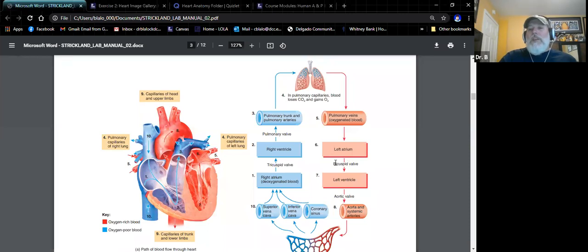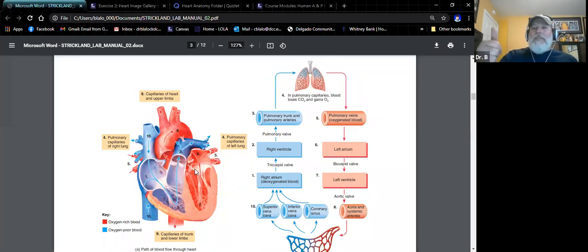Now, you'll also see the bicuspid valve referred to as the mitral valve. So you may have heard someone or know someone that has mitral valve prolapse. This is the valve that is problematic with patients with mitral valve prolapse. Now, the way you can remember these valves, and which one is which, this is on the left side, right? It's an atrioventricular valve, and it's called the bicuspid valve.